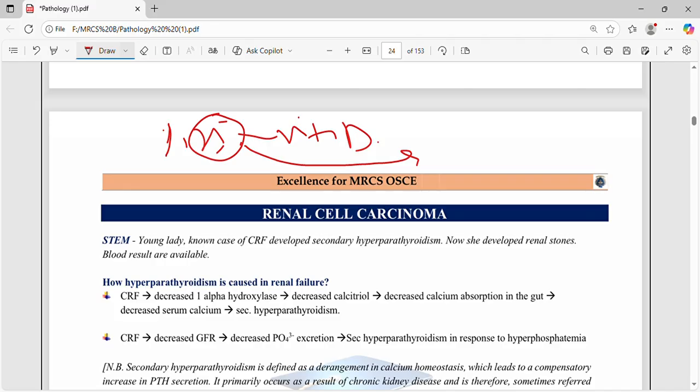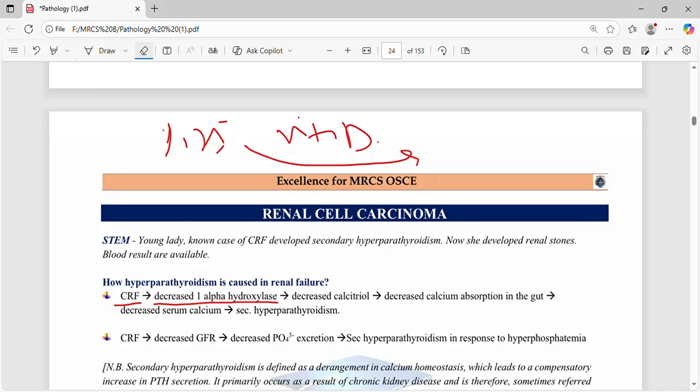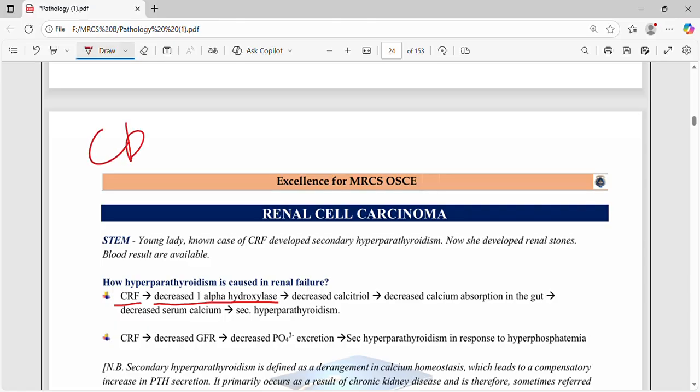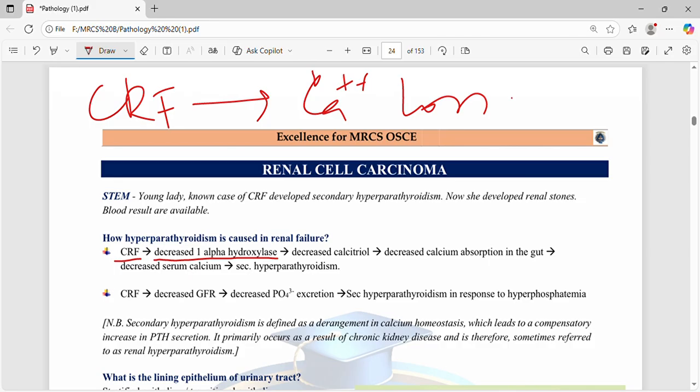If the kidney is damaged, as in CRF, there will be no active vitamin D. So there will be no calcium from the gut, and so there will be hypocalcemia. And in chronic renal failure there is also calcium loss. So the body will have hypocalcemia. In response to this, the body will secrete parathyroid hormone, and this will cause secondary hyperparathyroidism.